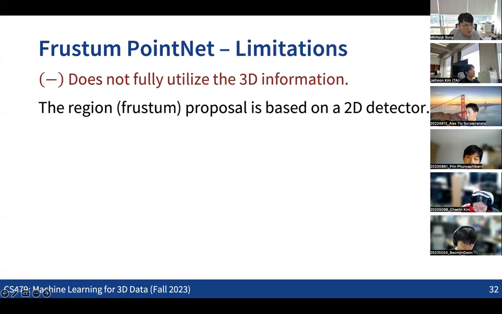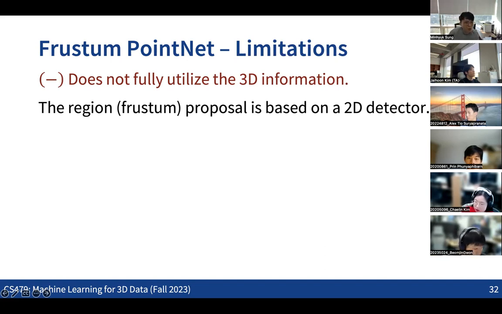Still, this is a case where we are going halfway toward treating everything as 3D. The region proposal is still done with a 2D detector. So how we can fully utilize all this 3D information for the segmentation is the problem here.